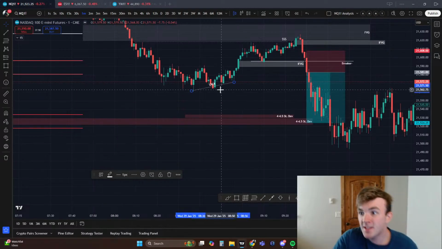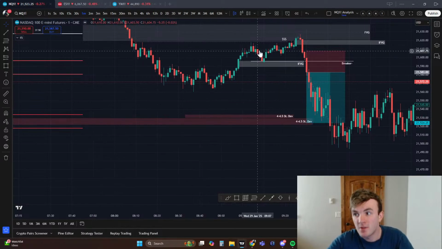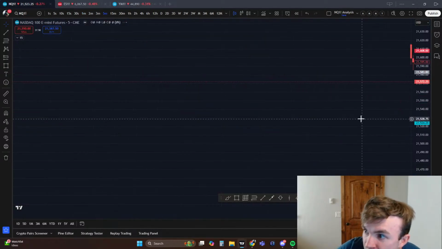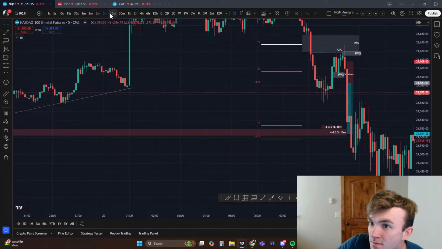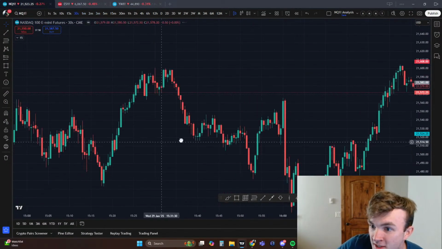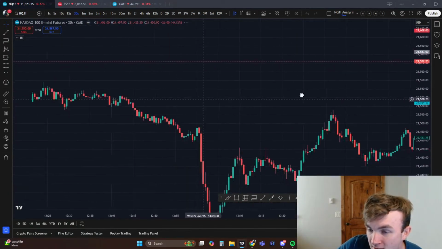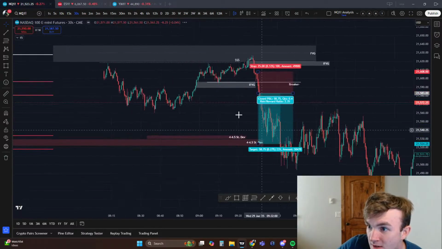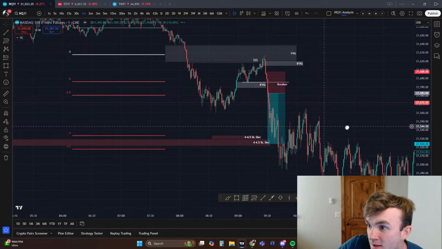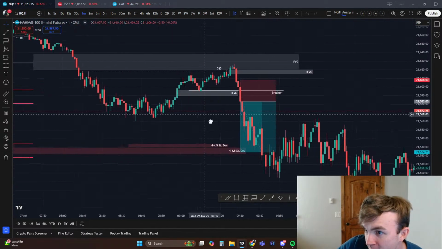So it's not like you can't enter on lower time frame inversions when there's a higher time frame gap, because you definitely can. But you just have to understand the context and the liquidity. That's what I'll say. So in this case, we had good liquidity, and it made sense, right?